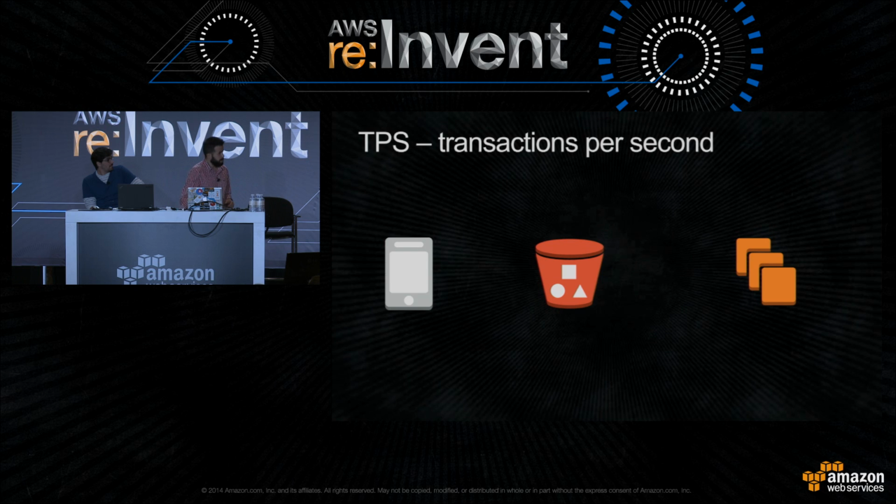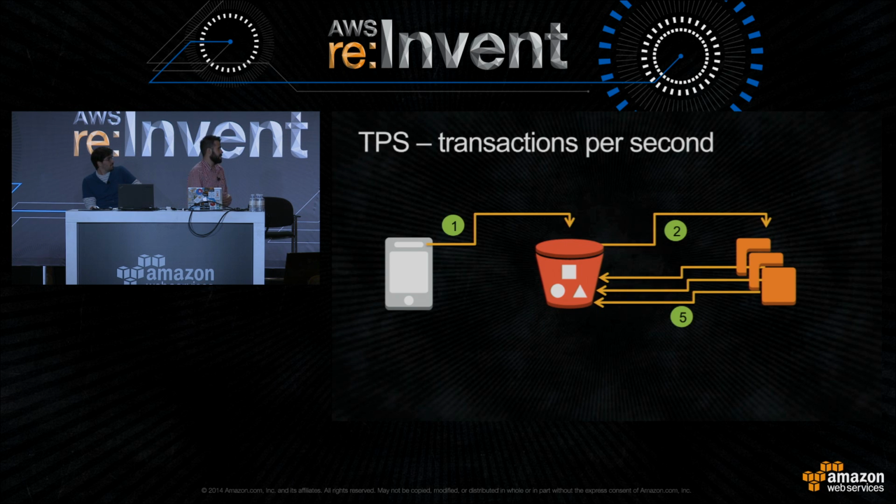So the mobile application, for example, uploads an image to your bucket, and this image needs to be analyzed or something like that. Then after this image is analyzed, your EC2 workers generate 3 other pieces of information that are put on S3.